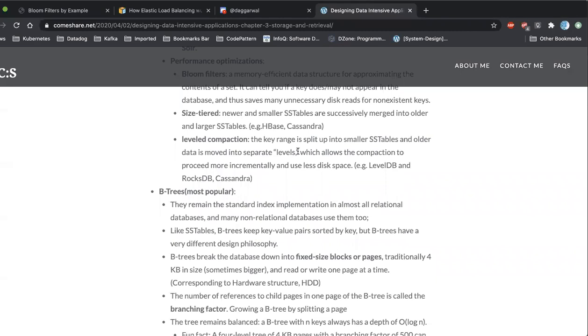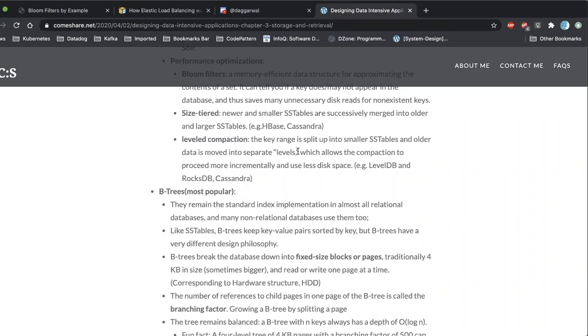We know the pointer to the address of one key and the pointer to the address of the next key, and the data between those keys can be compacted, made smaller. When you need to read it, you just uncompact it and look for the key value.